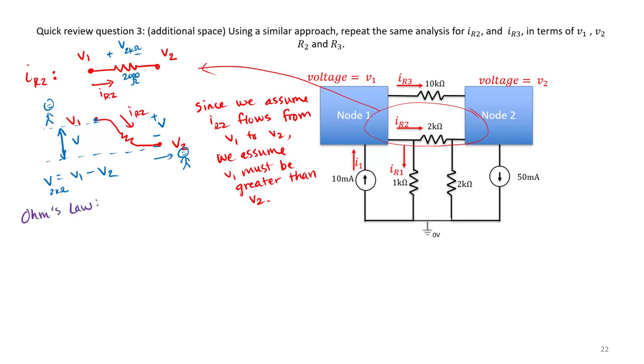We know by Ohm's law that IR2 must be equal to the voltage across R2 divided by the resistance of that resistor. So in this case, we're treating that as 2000 ohms. So notice here, VR2, or the voltage across our 2 kilo ohm resistor, well, we know what that is. That's just V1 minus V2.